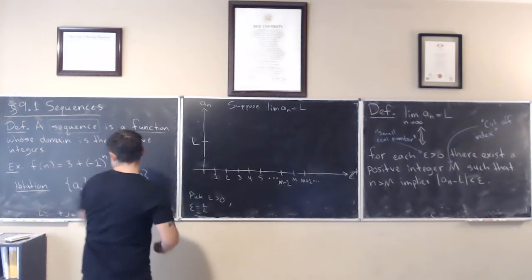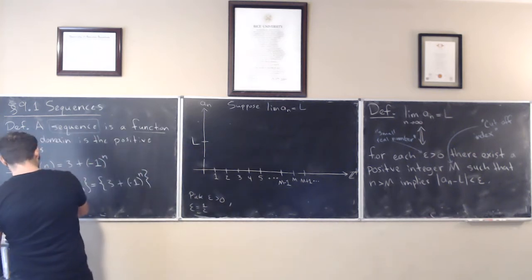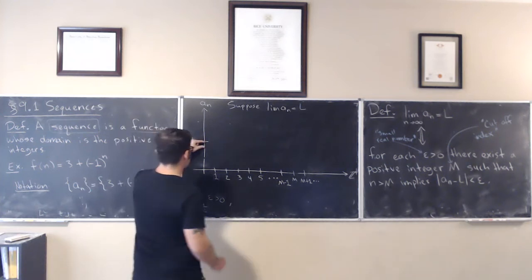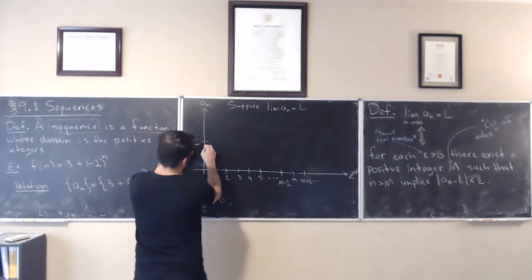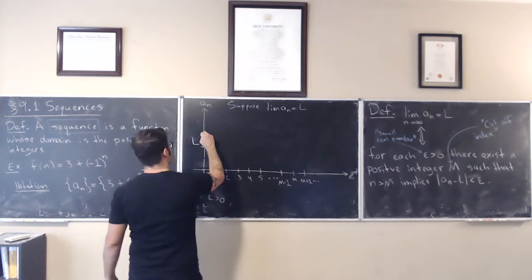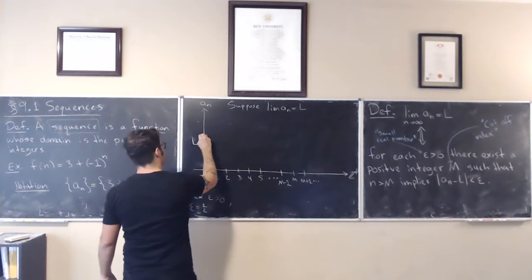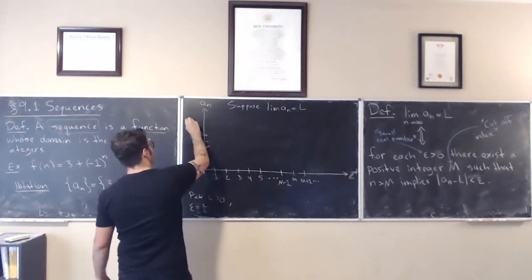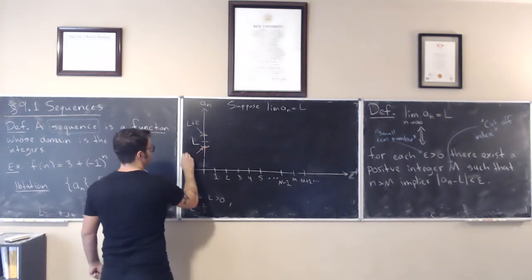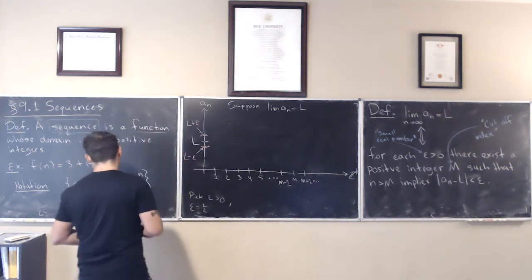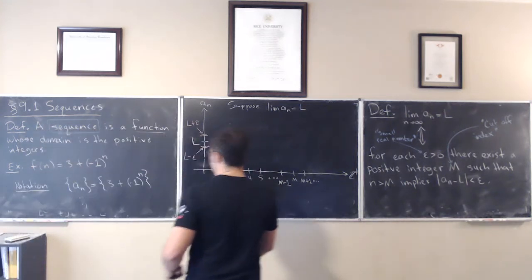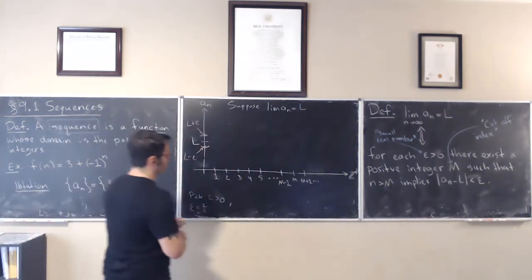Then I'm going to make a little epsilon neighborhood around L. That right there is L plus epsilon, and that right there is L minus epsilon.